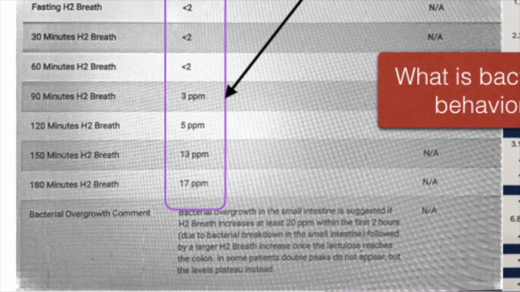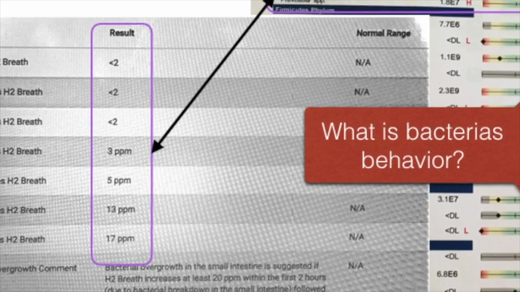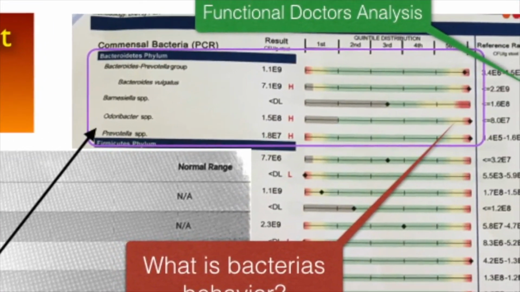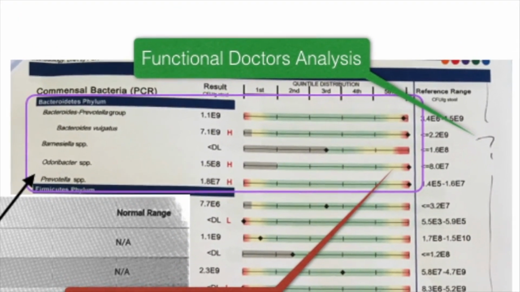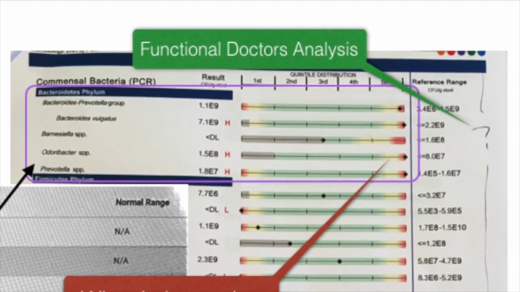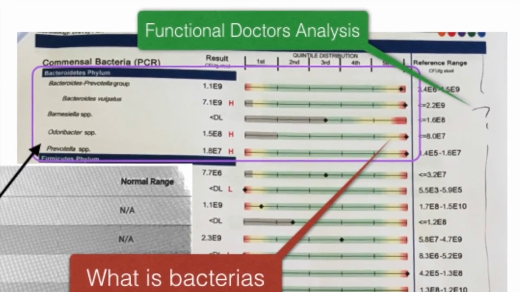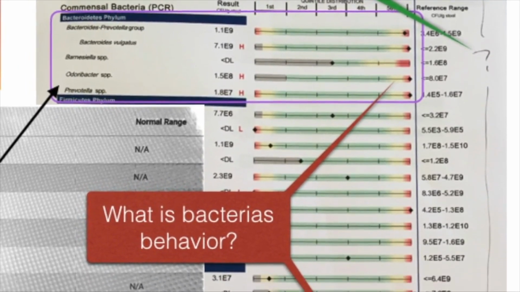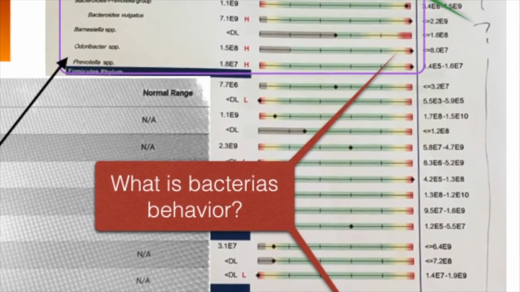The results for the SIBO breath test are negative, but the GIFX test shows several species in the high 5th quintile range. This leaves the impression that it must not be a bacterial problem if the SIBO breath test is the only test that is used. However, the patient is still having symptoms.